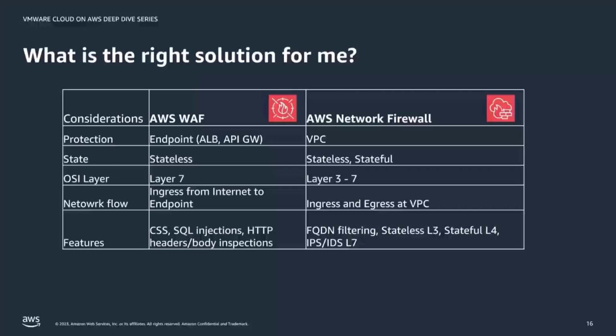If you are looking to have just a web inspection, you can look at Web Application Firewall. Those solutions are not mutually exclusive, so you can combine them for different types of workloads and they can coexist in your environment. All you need to do is properly configure your routing tables and the way traffic flows from inside and from outside and between your VPC environments.